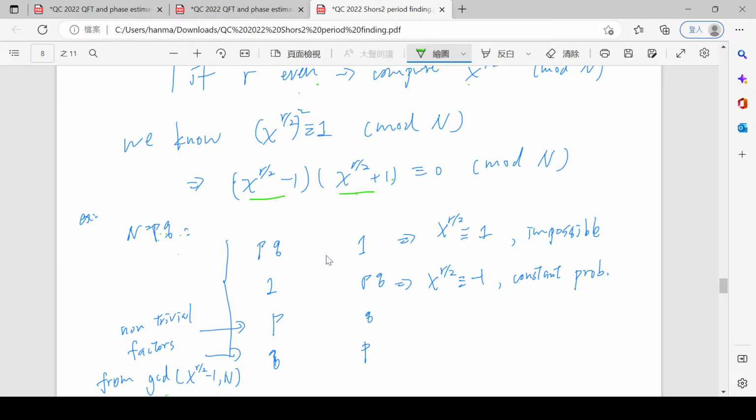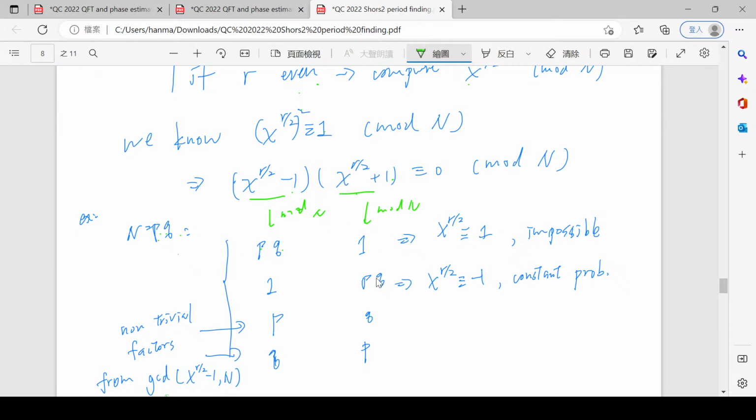There are 4 possibilities. So maybe this part gets all of pq, so basically it's equal to 0 mod N, and this part doesn't get anything, it's 1.